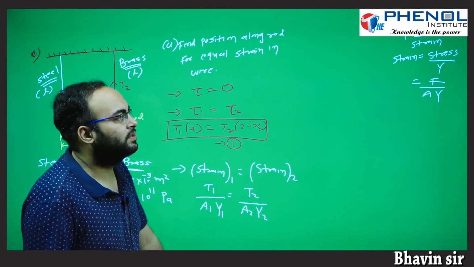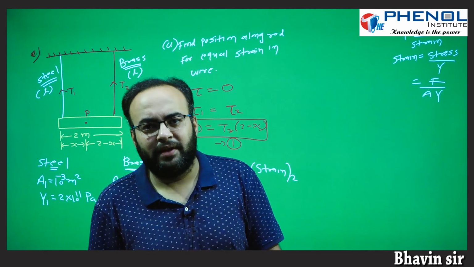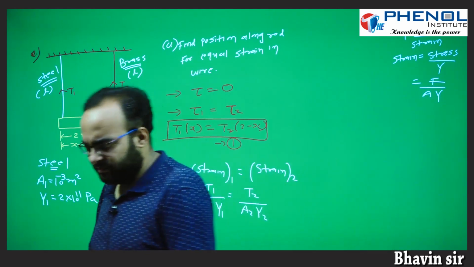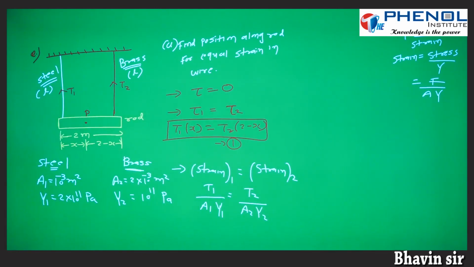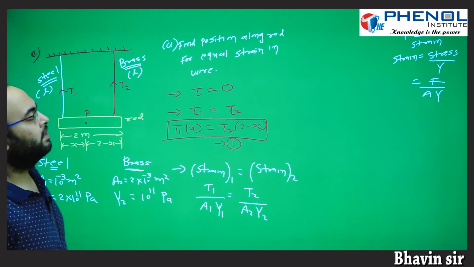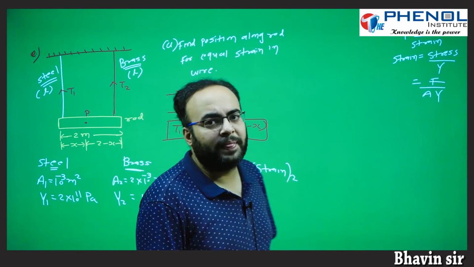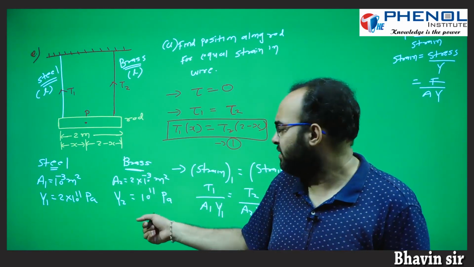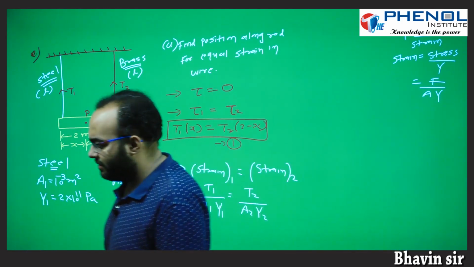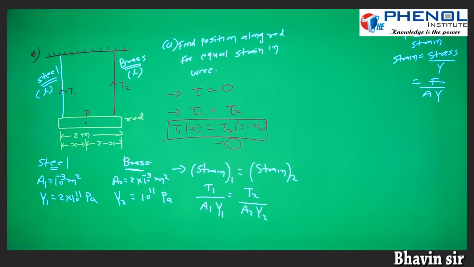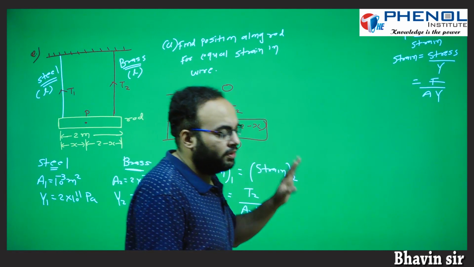So again I repeat, students. Now we want to find the same question, but we want to find the position along the rod for equal strain in wire. So strain in wire 1 equals strain in wire 2, but strain is not given, students, but Young modulus is given.